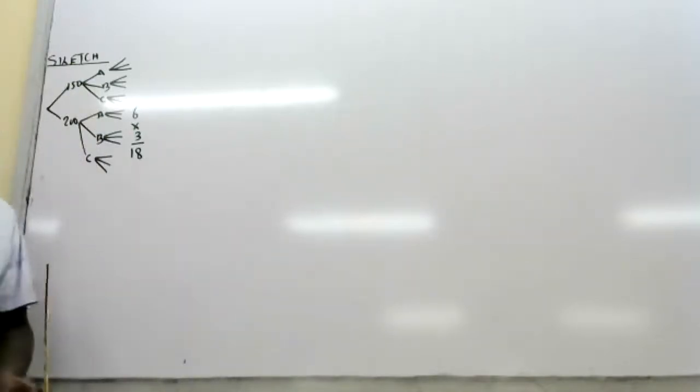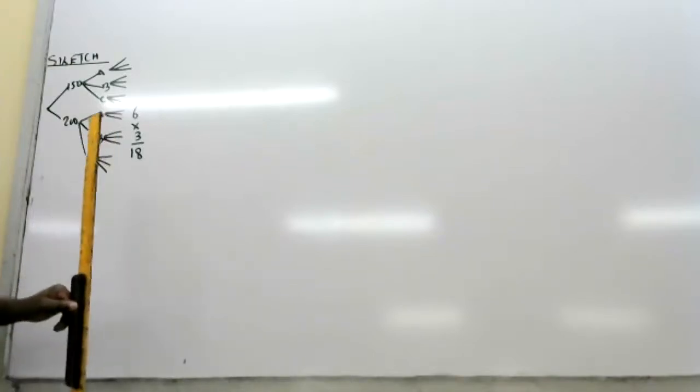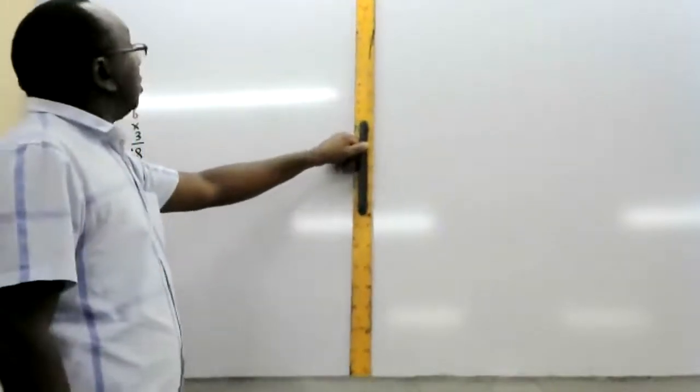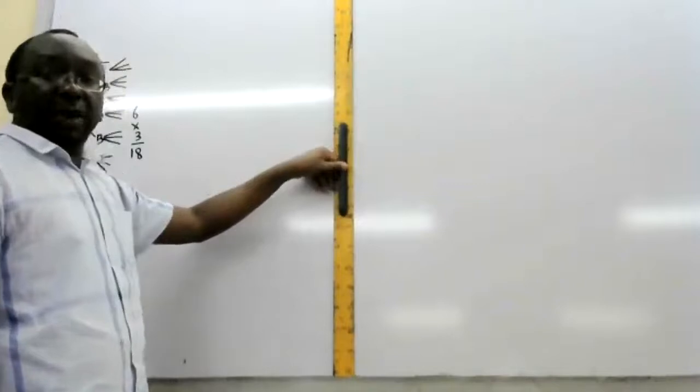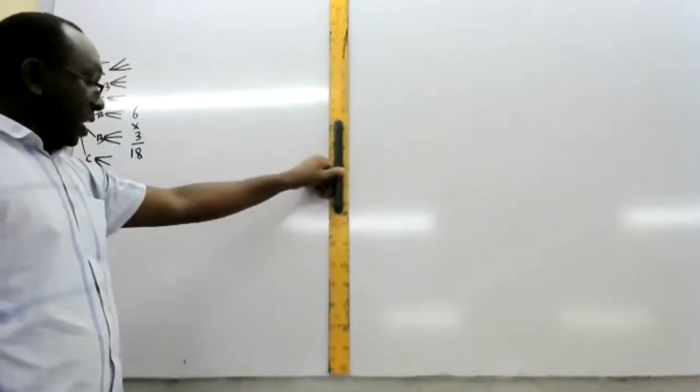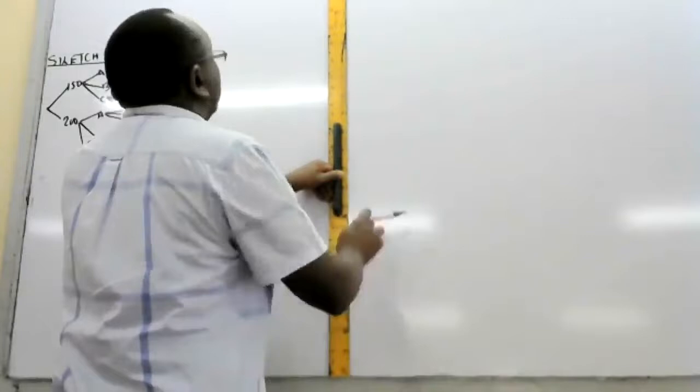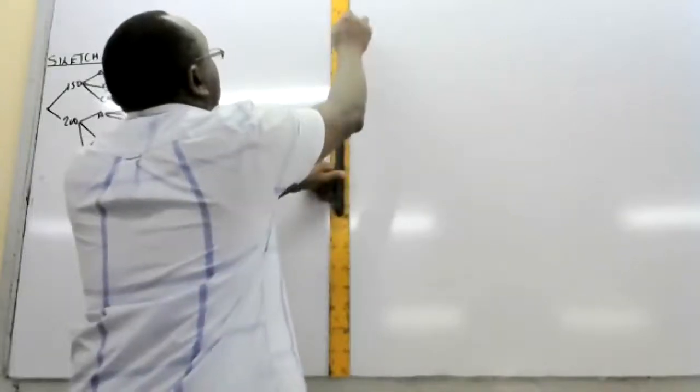So if we are going to have a tree that has 18 tails, what we now do is the fair copy of the decision tree. You can estimate up to where the tree will get on your page. Mine, I want to bring it up to here.